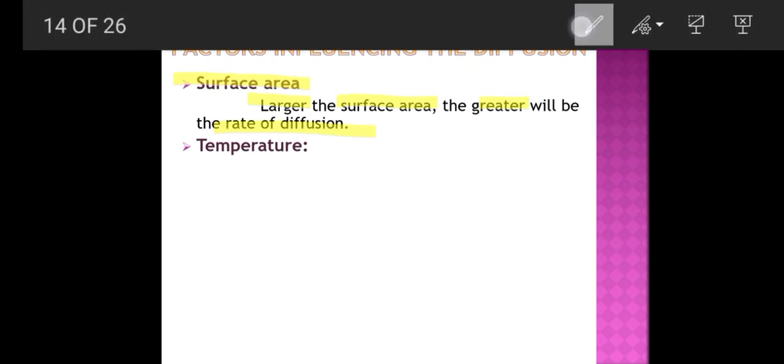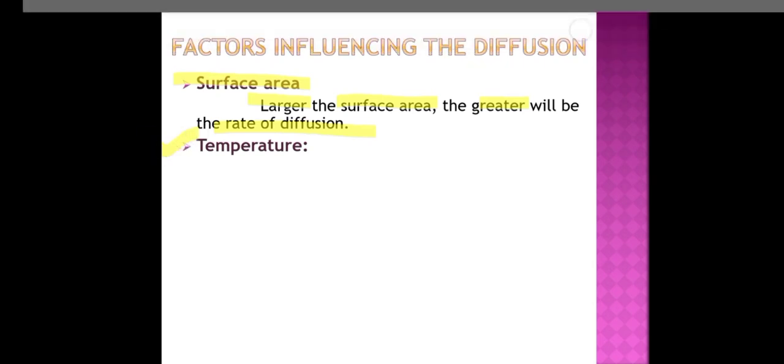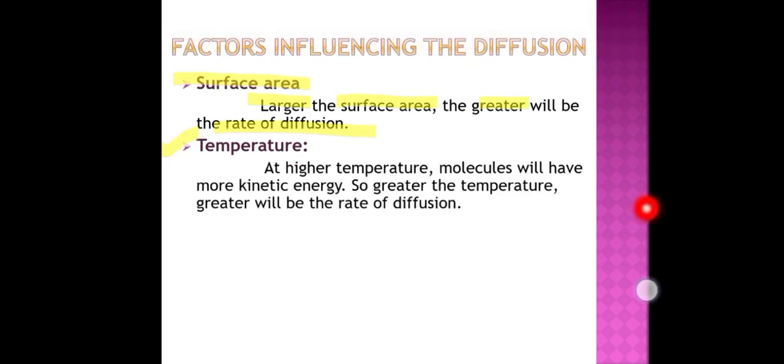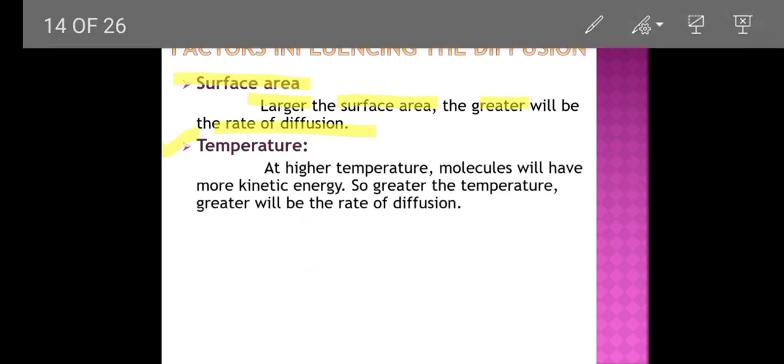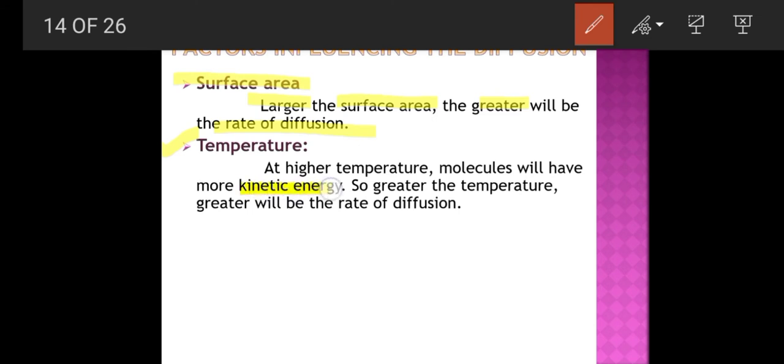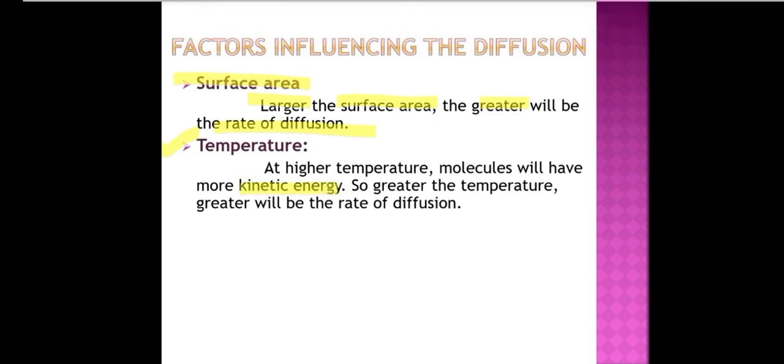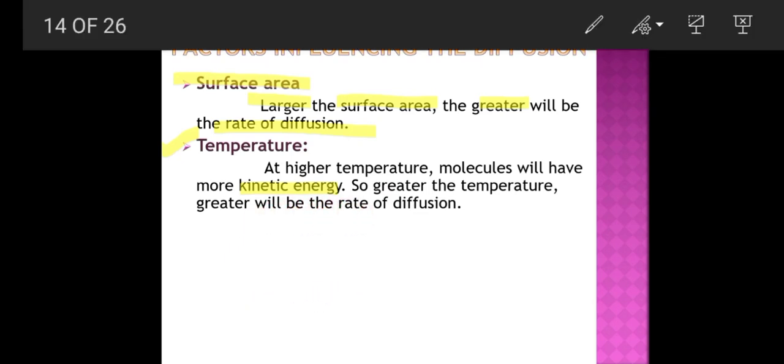The second factor is temperature. At higher temperature, molecules will have more kinetic energy. This kinetic energy comes from the random movement of molecules and ions. So at greater temperature, the rate of diffusion will become greater.